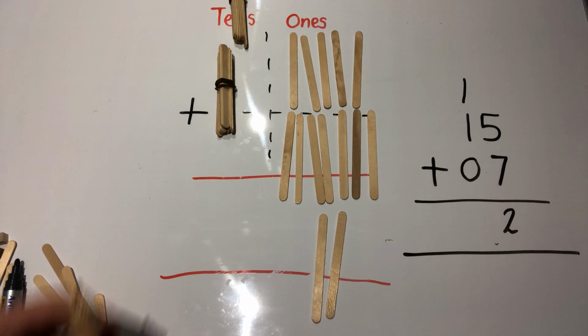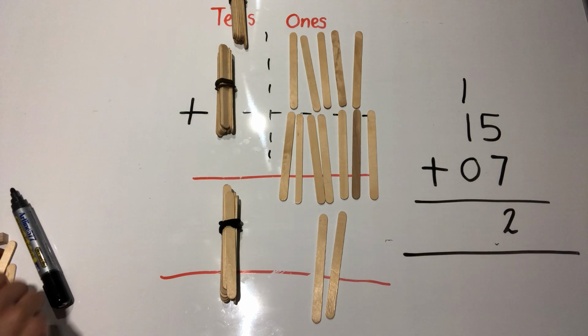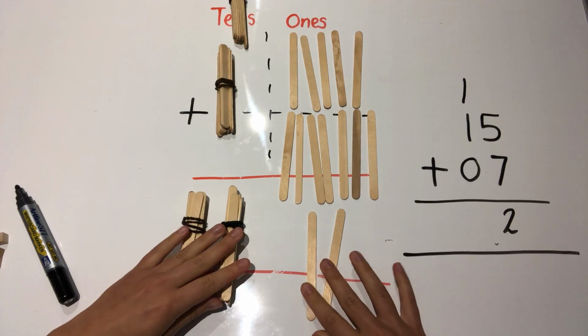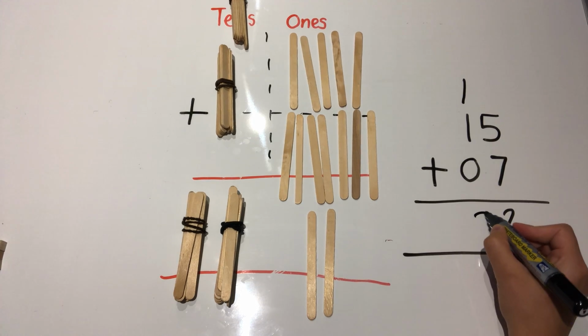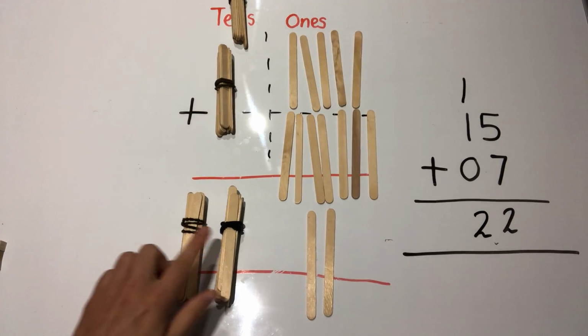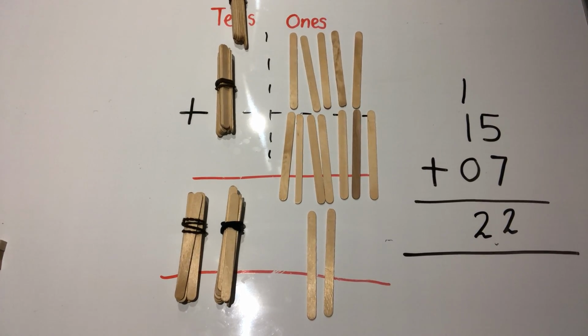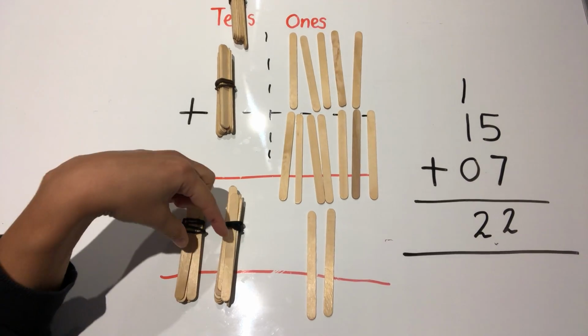So we put that in our answer and we need 1 more 10. So you can see, and if we were doing it in our written, we'd write our 2 down. We can see we've got 2 tens and 2 ones. So 2 tens is the same as saying 20. So our answer, 15 add 7 is 22.